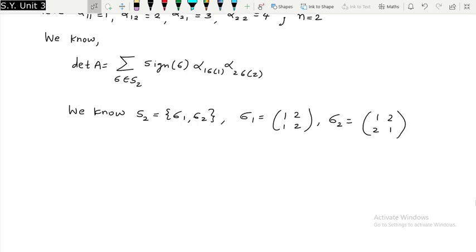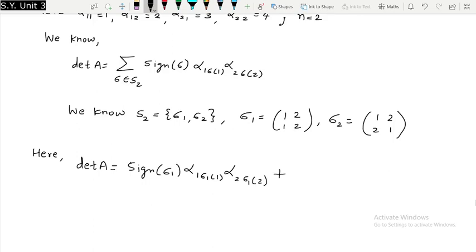Therefore, the determinant of A is equal to sign of sigma 1 alpha 1 sigma 1 of 1 alpha 2 sigma 1 of 2. First I put sigma equal to sigma 1, plus now put sigma equal to sigma 2: sign of sigma 2 alpha 1 sigma 2 of 1 alpha 2 sigma 2 of 2.